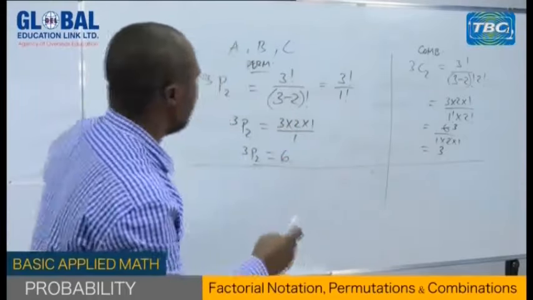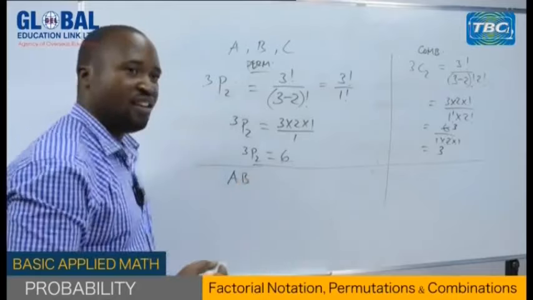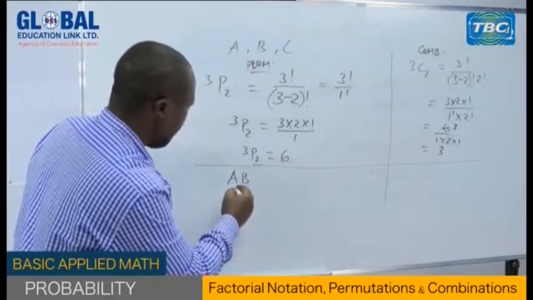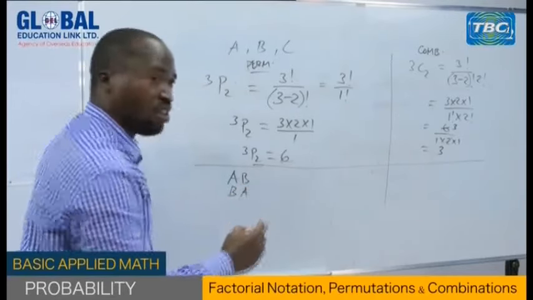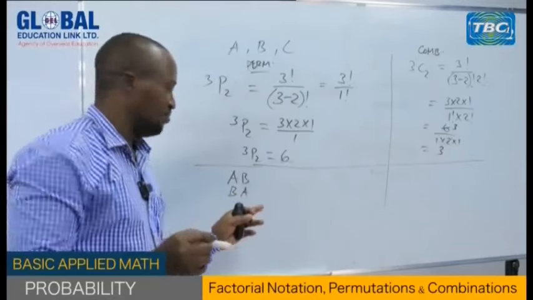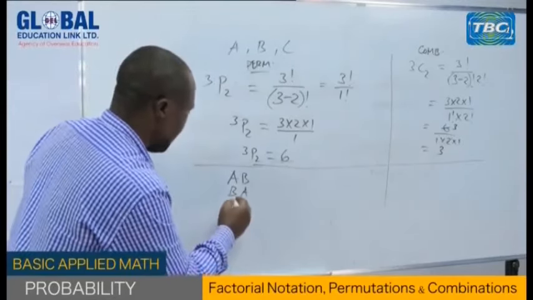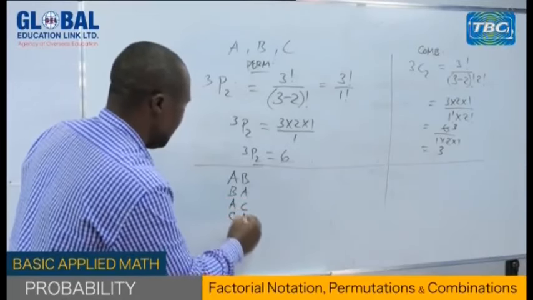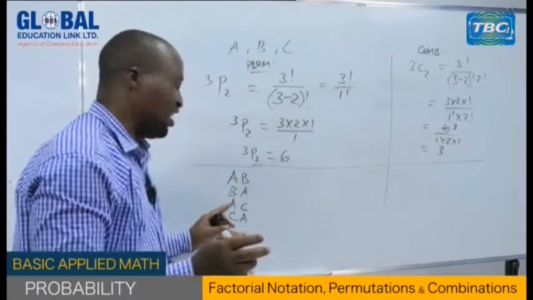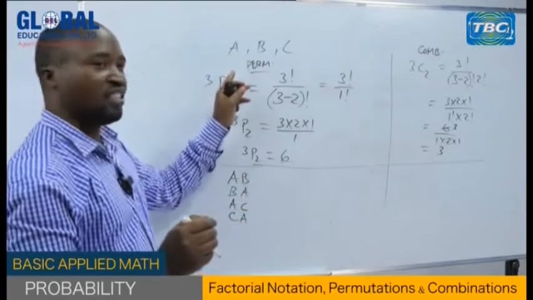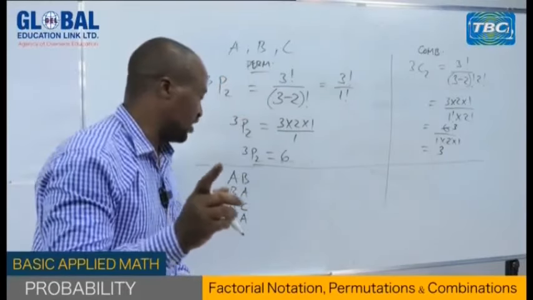So we could say you can choose A, B, that is 1. But again, the second case can be B, A, because the order is important. AB is not equal to BA. But again, you can say A, C, C, A, because AC is not equal to CA, because in permutation, the order is very important.